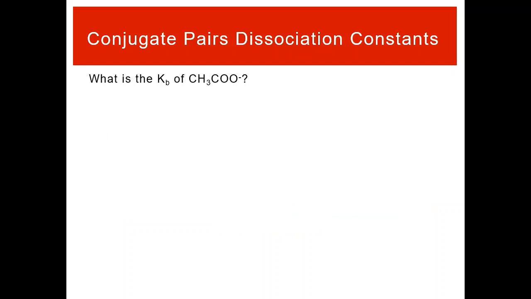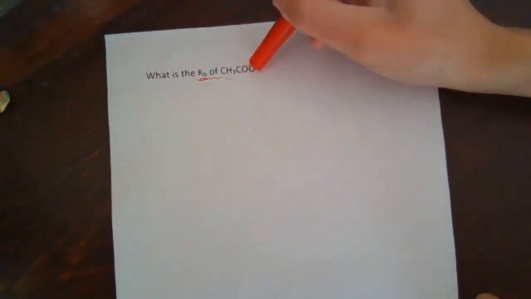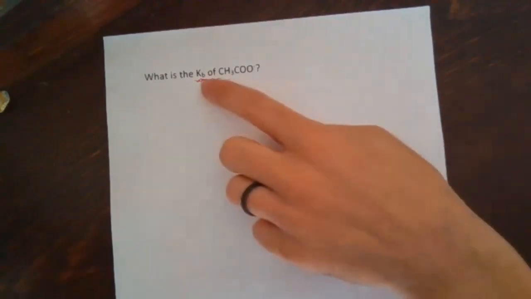Let's do it. What is the Kb of CH3COO-? That is acetate, and I want to know the Kb of it. We can see it's an anion. That tends to indicate that this is potentially a base. We're dealing with Kb explicitly.